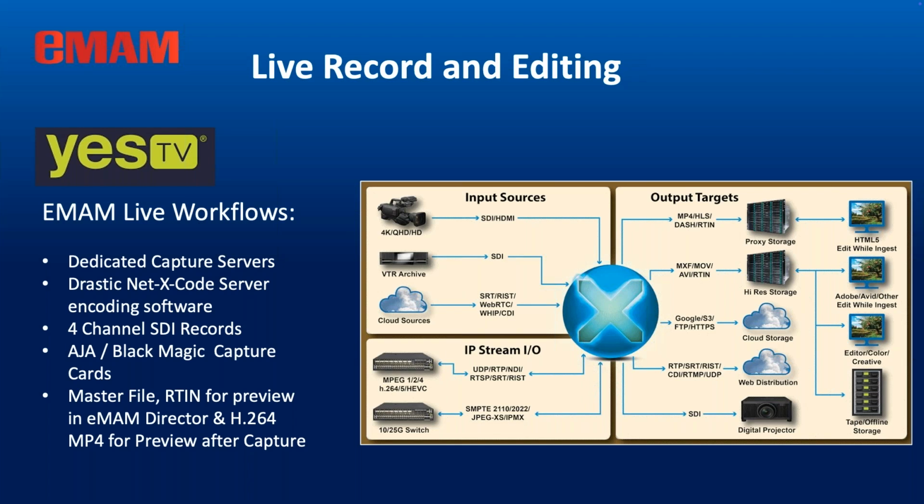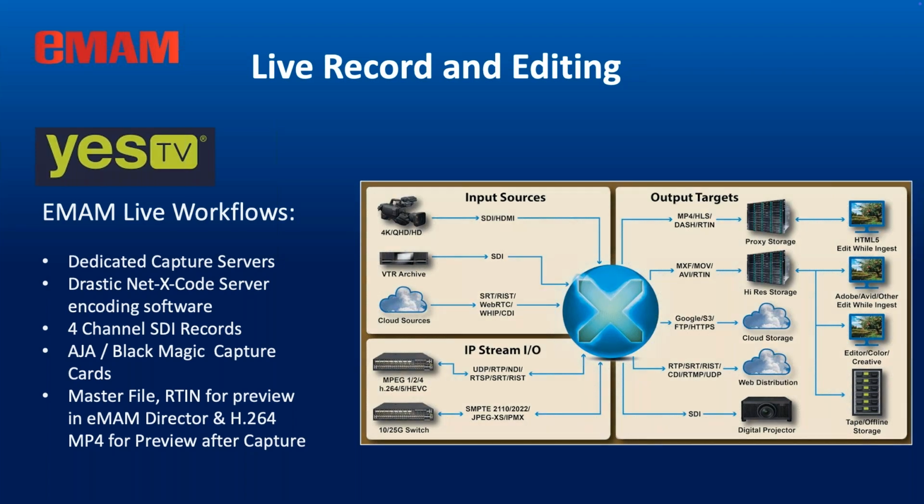So obviously an IP stream may not be as high quality as, say, HD or 4K coming in through SDI. But you're able to create an original content. It does create that R10 file for us to view inside of eMAM. And then you can also open that up in Adobe or Avid as well, and see the content coming in, and then edit it in those applications, or also log it and do some rough cuts and so on inside of the eMAM system.